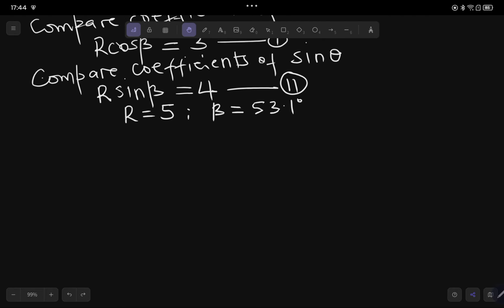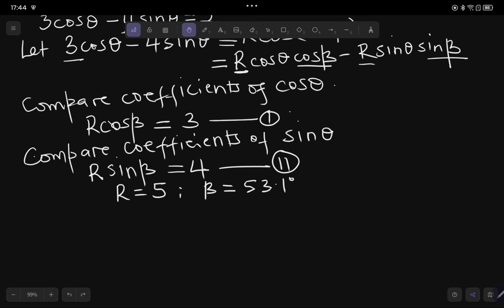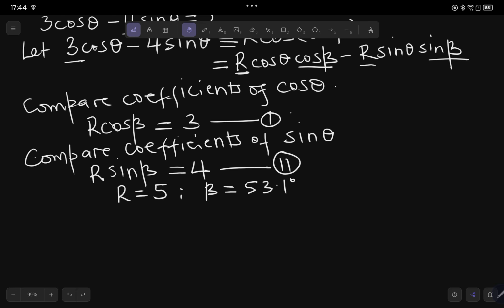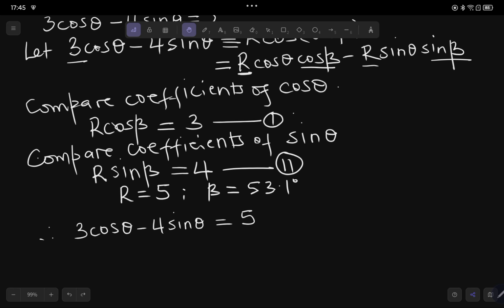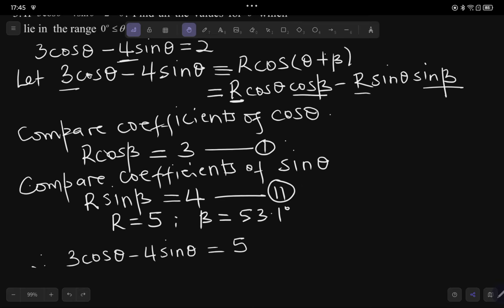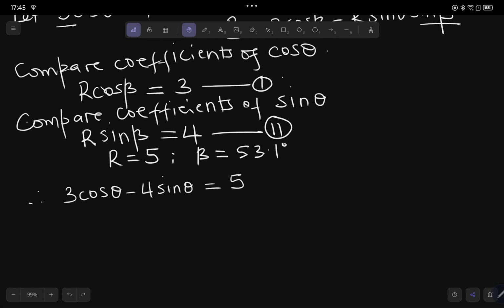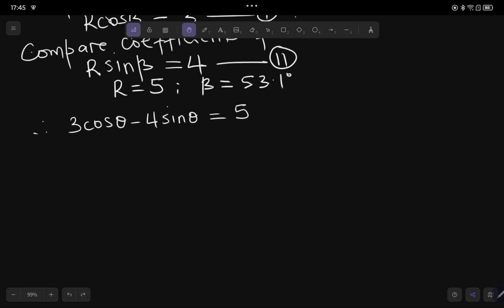Now, what does this mean? Therefore, my 3 cos theta minus 4 sin theta is 5 cos of theta plus 53.1 degrees, as you have done it here, r cos theta plus beta.